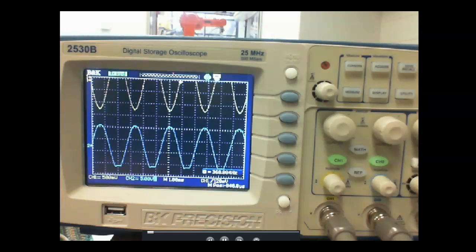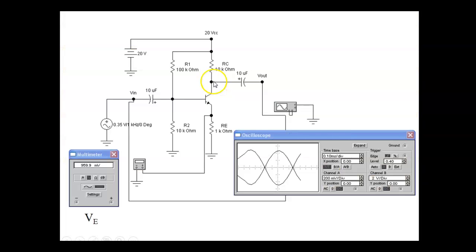So when you bias this, what you're trying to do is put your collector voltage, your VC, exactly in the center. Now, what are the odds of that? If this is 20 volts, what are the odds of me getting it exactly at 10 volts?